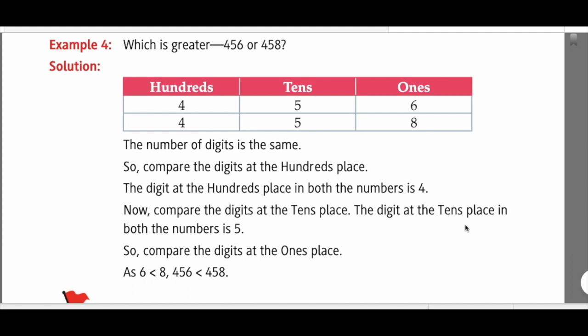The digit at the tens place in both numbers is 5. So compare the digit at the ones place. We saw 6 in the ones place and 8 in the ones place, and 8 is greater. As 6 is lesser than 8, we can say that 456 is lesser than 458.